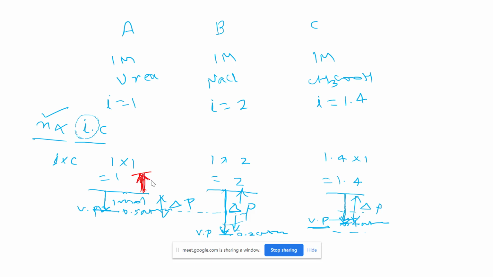Due to addition of 2 mole of solute, is the increase more than this or less? More. And for this, the increase is more than 1 but less than 2.